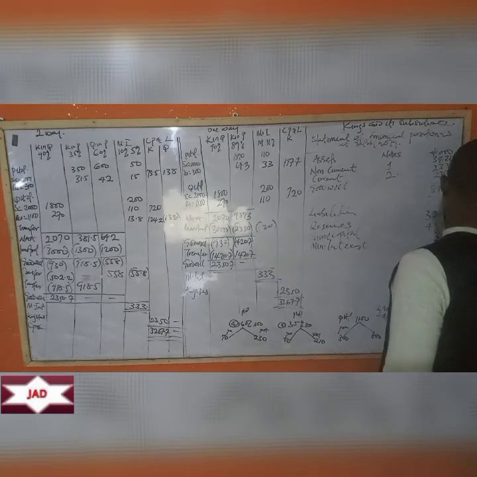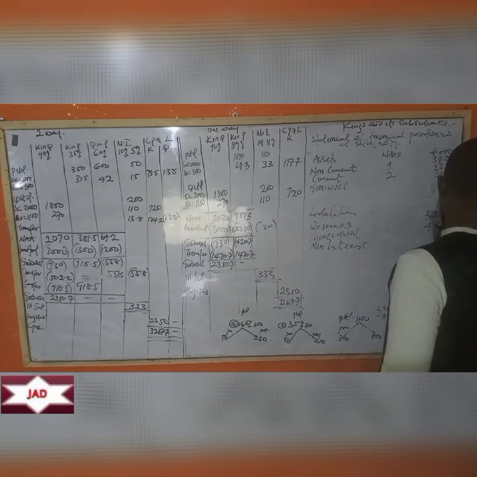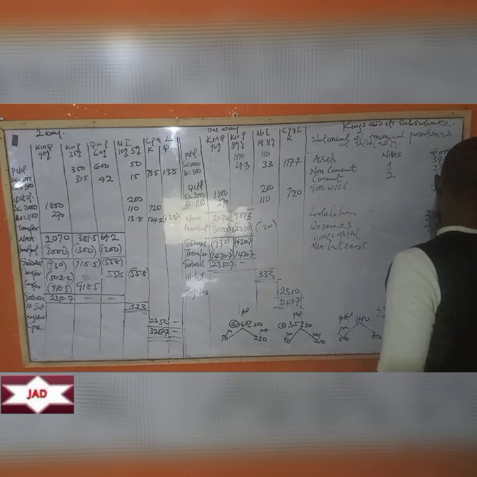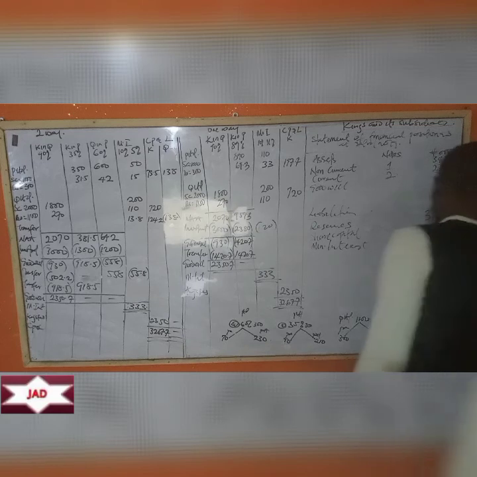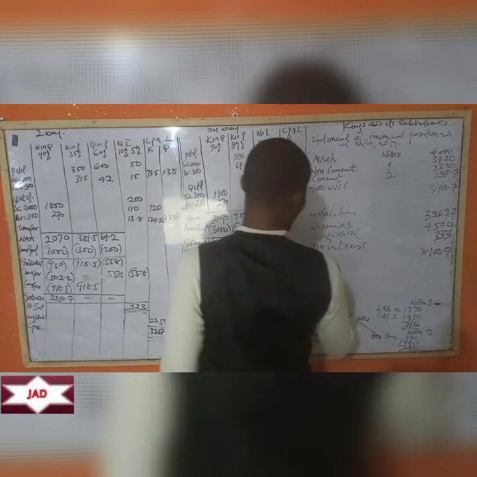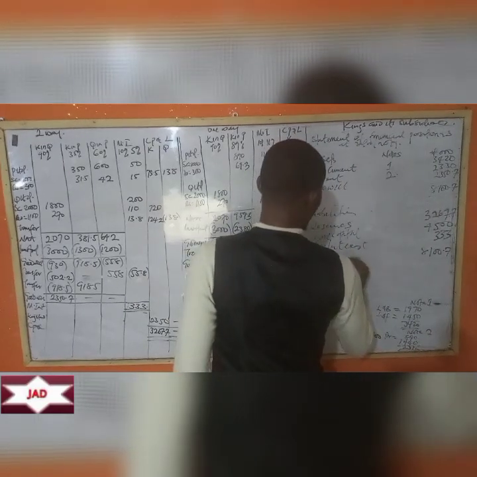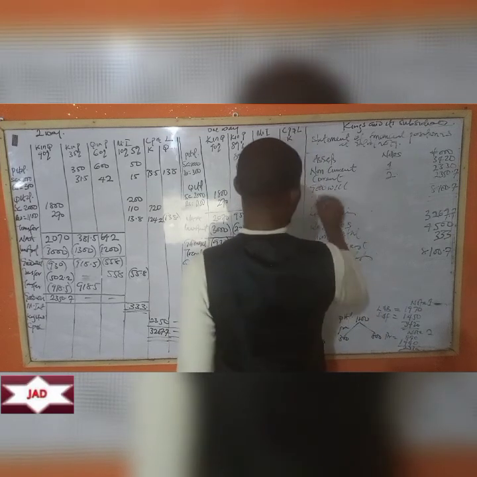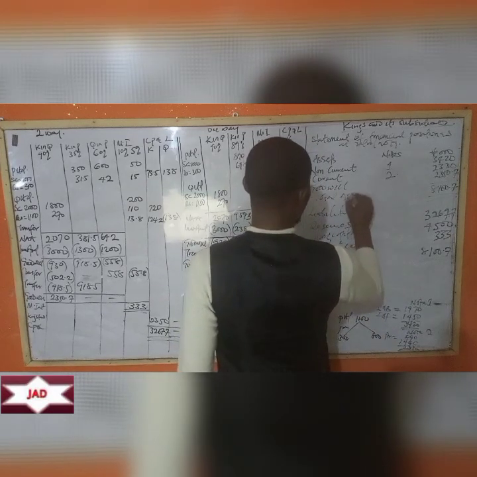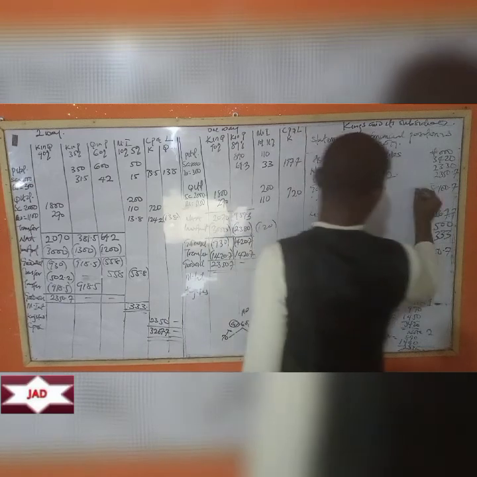This is 333, 4500, 3267.7. So this is your total liabilities. This is your total assets.